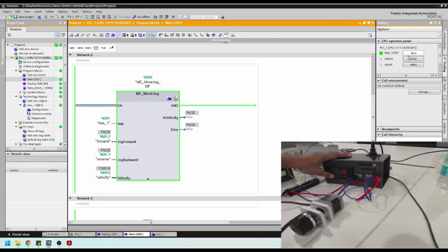Also, let's change the parameters. Parameter group to PSCAH will be 0.12. PSCAY will be 1000.